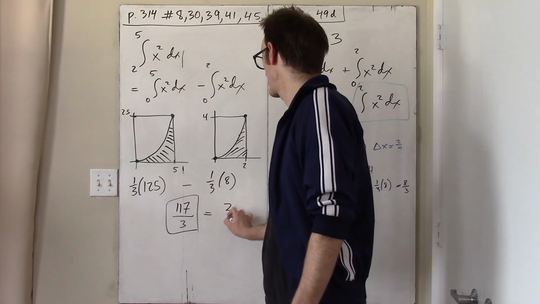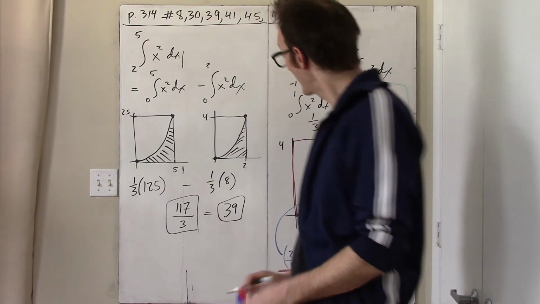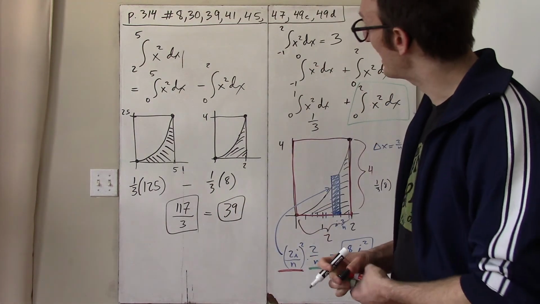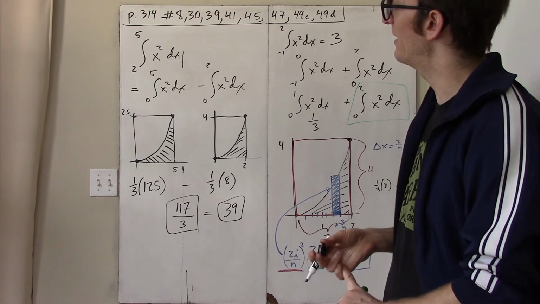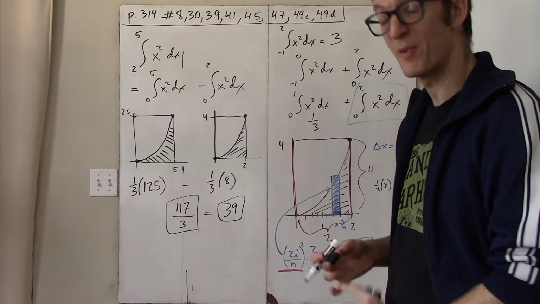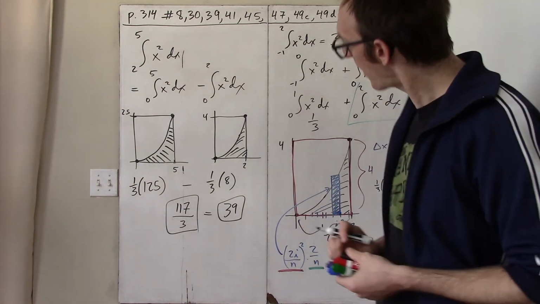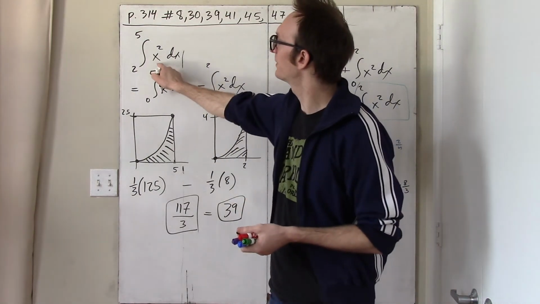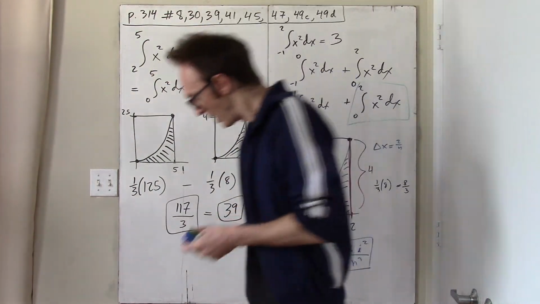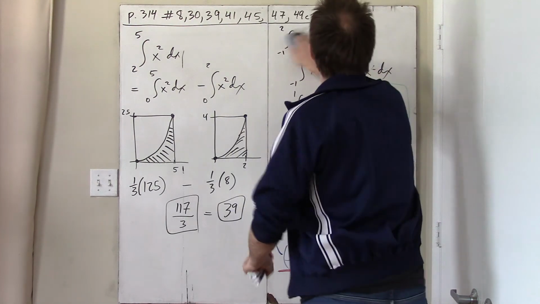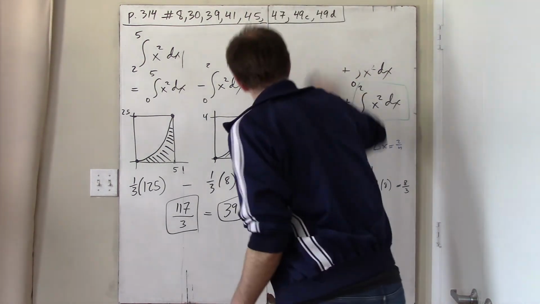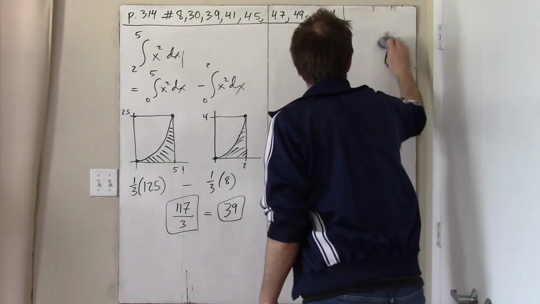This is just 39. Okay, so that's just a really fast way of doing integrals of polynomials, as long as you already know basic facts, like what the integral from 0 to 1 of x squared is. Okay, we now resume with the homework, going hopefully kind of just like fast now.